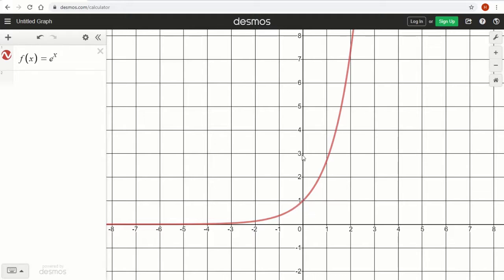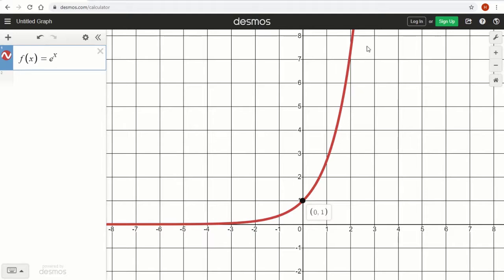It passes through the y-axis at the famously known point (0, 1). It's famous for not only e to the x going through it, but any other basic exponential function will go through that point. And again, it's a one-way graph that's rising from left to right.